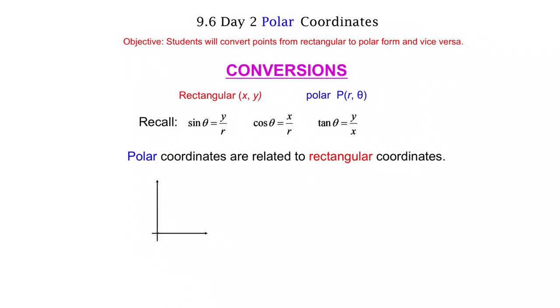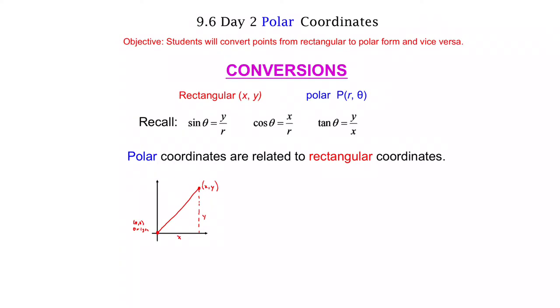So to get a better idea, we're going to graph in both planes. So this would represent the origin at 0, 0 when we're talking about the rectangular plane. This side would be x, this side would be y, and then that unique point is x comma y.